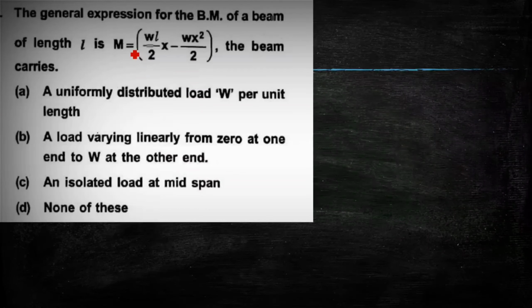So if we differentiate first, this term will be WL by 2 minus Wx. And if we differentiate a second time, we will get the value as W. So this is a uniformly distributed load W per meter length. So option A is the correct option.